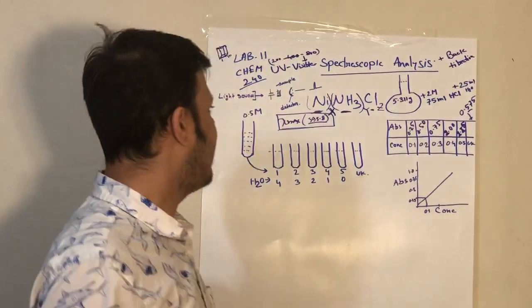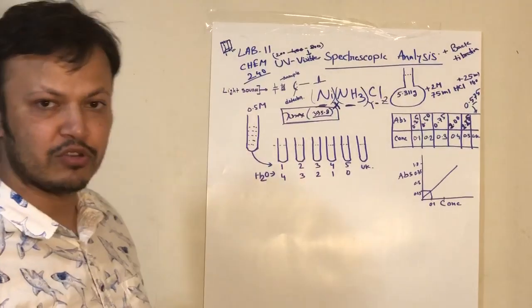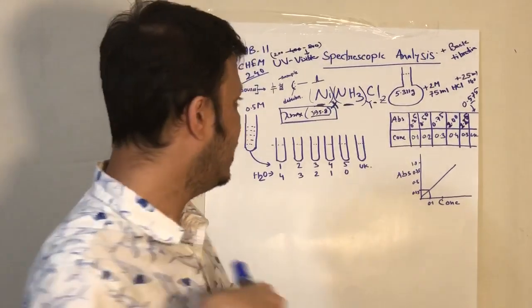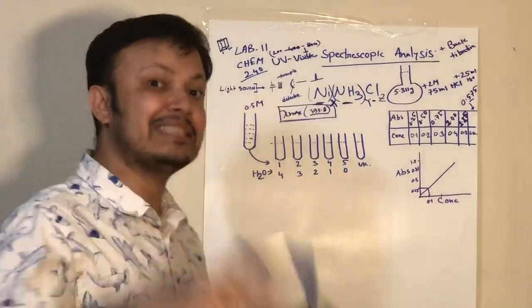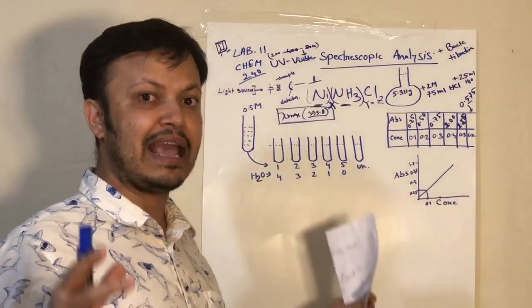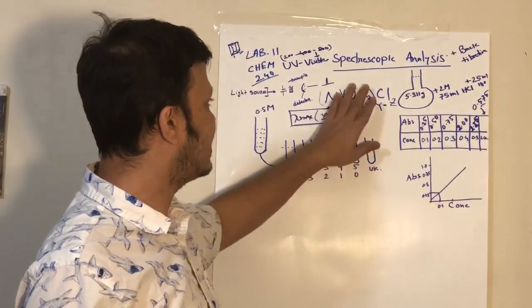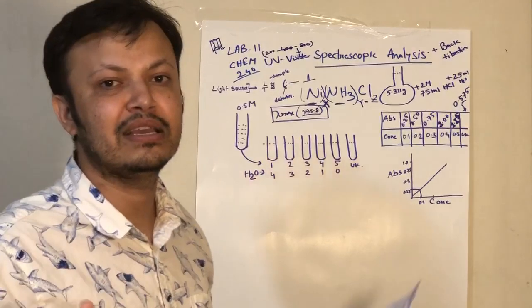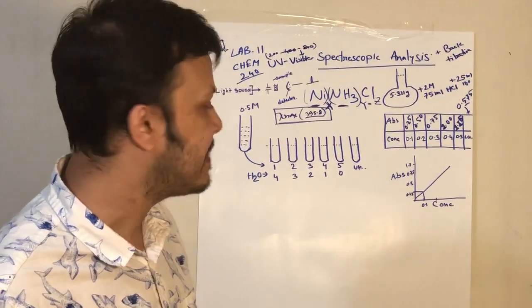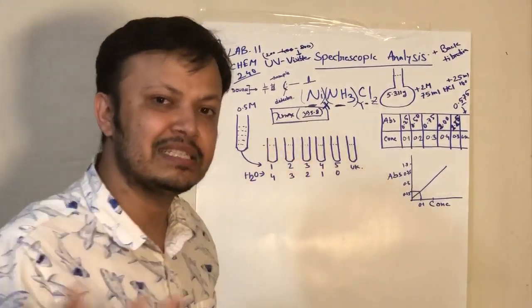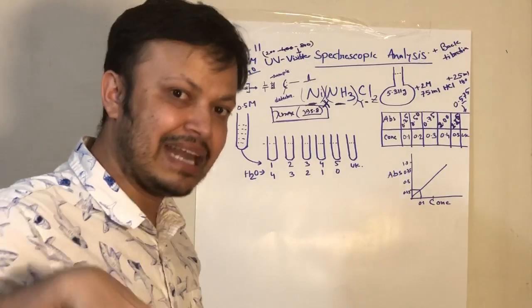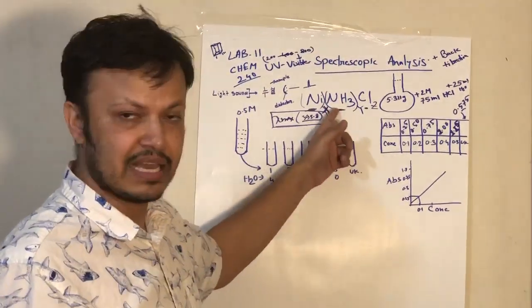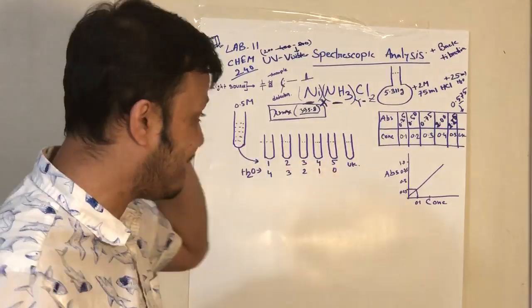Instead of that, we do the back titration. We will add excess acid to neutralize the ammonia, and some acid will remain in the solution. Clear? If some acid is remaining in the solution, from that amount we can find out what was the concentration of the ammonium. That is called the back titration.